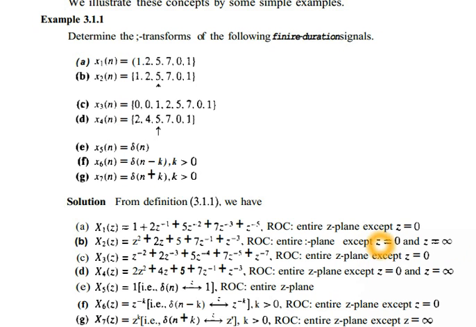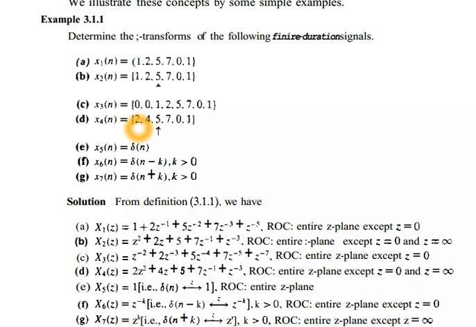It will not give a finite value for x of z. Also when z becomes 0, we have 0 raised to minus 1 and 0 raised to minus 3. All these values are not possible. Then the third one is again similar to the earlier one, and its region of convergence is the entire z plane except z equal to 0.